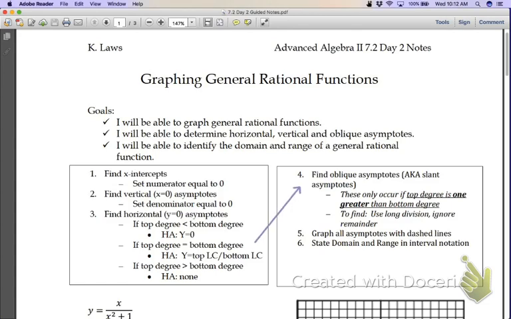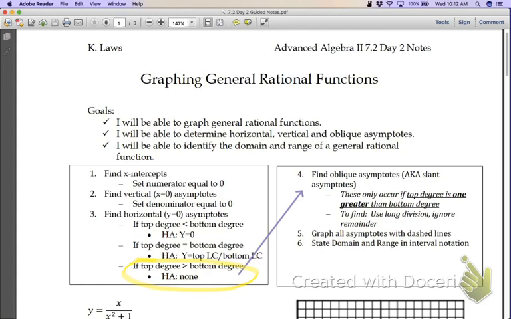There are basically case-by-cases where you may not go to step 4. You may go 1, 2, 3, and then go to 5, and then 6. The only time you will go from 3 to 4 is if your top degree is greater than your bottom degree.